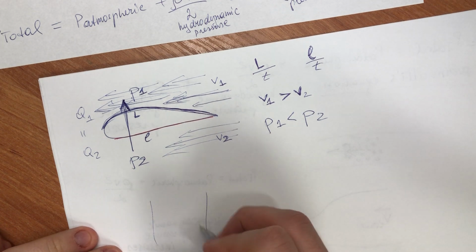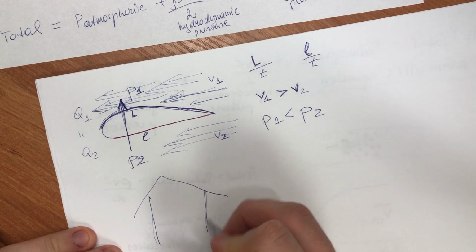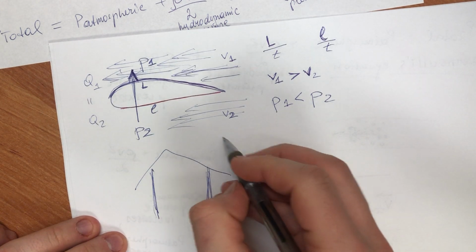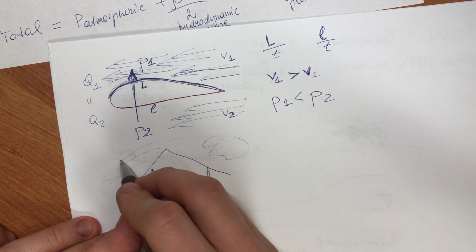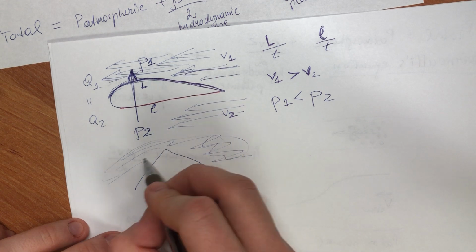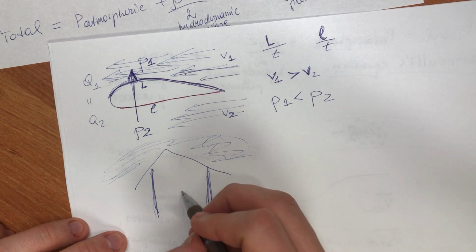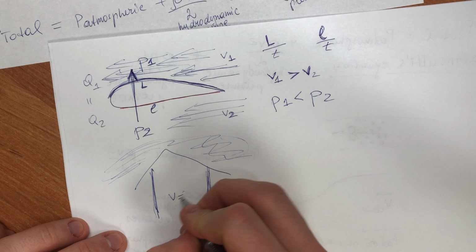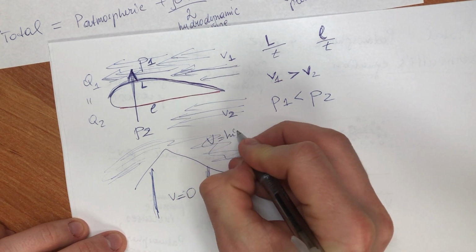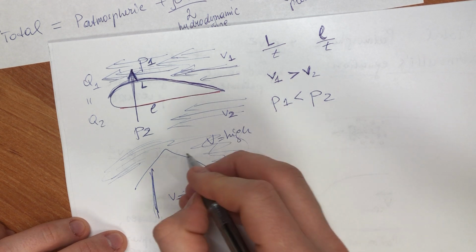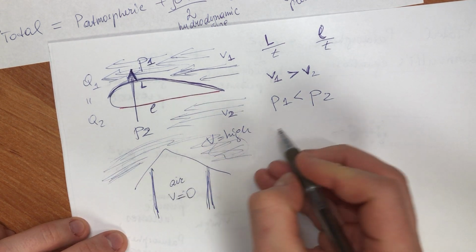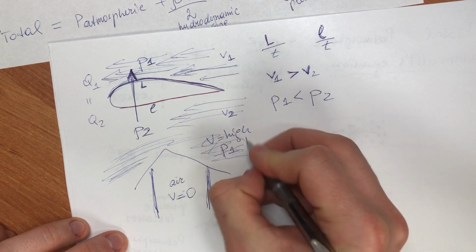If there is a house and there is a tornado above the house, the air is moving, and it has a higher speed compared to the non-moving air. Here the speed is 0, here the speed is very high. Here the air is not moving, here the air is moving, flowing, so the pressure goes down.